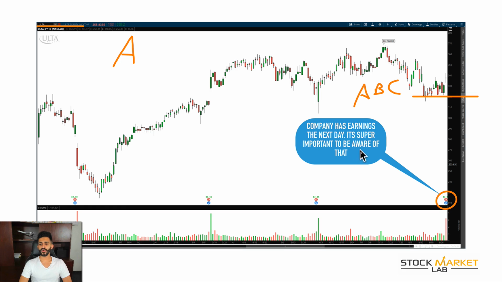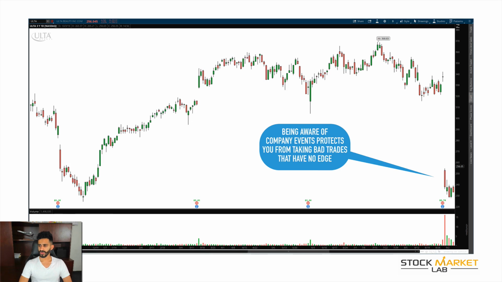And it's super important to be aware of that. So you as a trader, let's say you want to trade this today or tomorrow, you need to be aware that if you hold this overnight, there are earnings happening. You need to be aware of that information, because if you're not, you will at times get caught up in a bad trade.